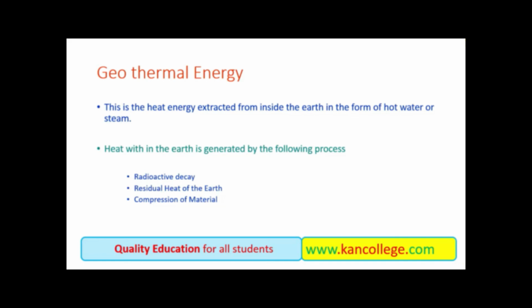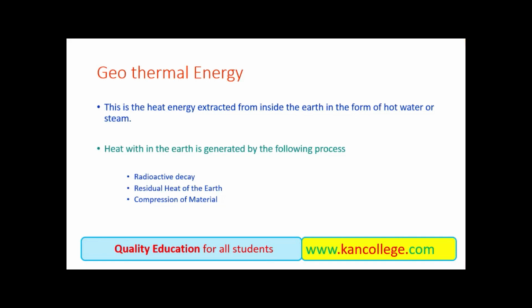But inside the earth's crust there is lava, and that is very hot. That heat is the residual heat of the earth, and that residual heat can be utilized for generation of electricity. In many countries, this is made possible very successfully.